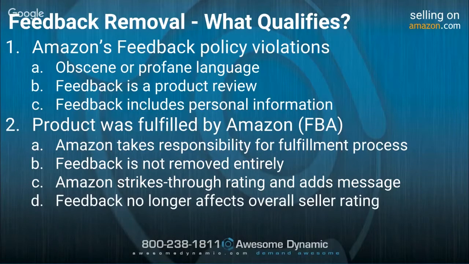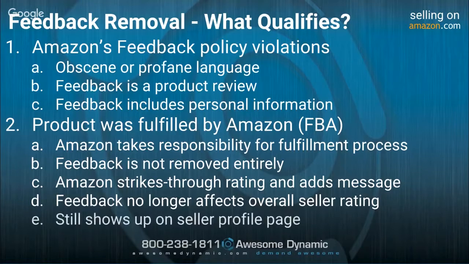The good thing is that while the feedback no longer affects your overall rating, the actual rating with the stricken through number and Amazon's response to it will still show up on your seller profile page. So if someone actually digs in and looks at your seller profile, they'll be able to see that negative review on there.